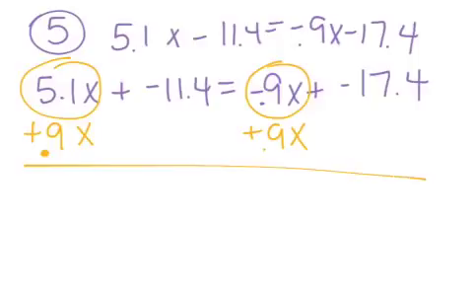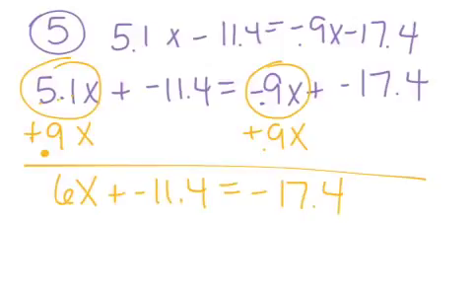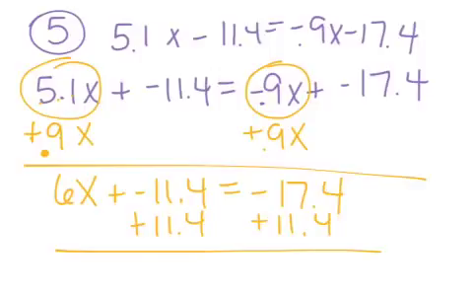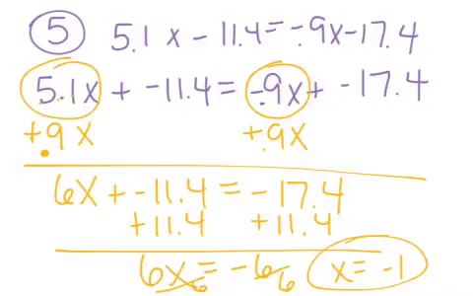Add up in your calculator 5.1 plus 0.9. That gives you 6x. Now I got to take my whole numbers to the other side. Divide by 6, divide by 6, and x equals negative 1.